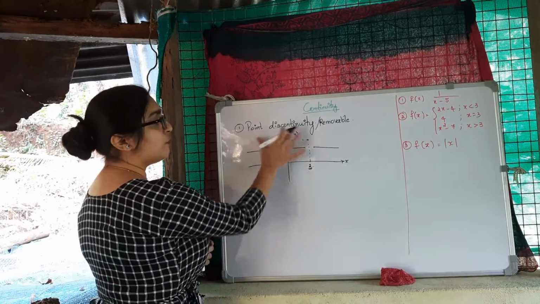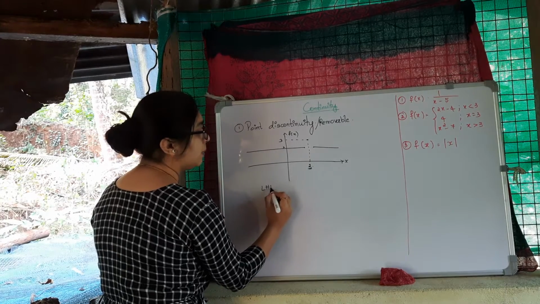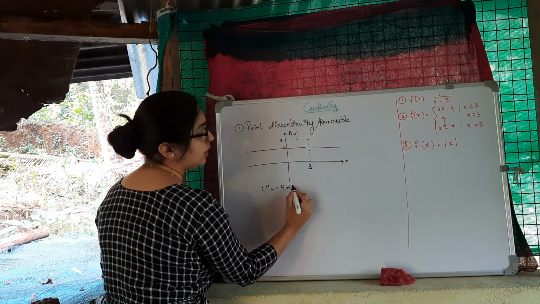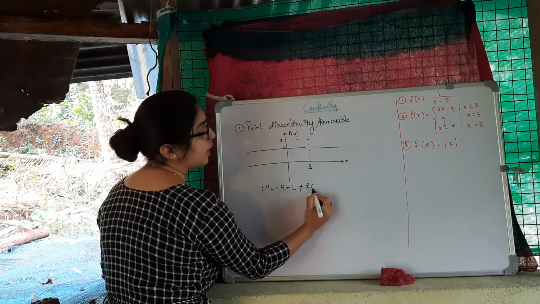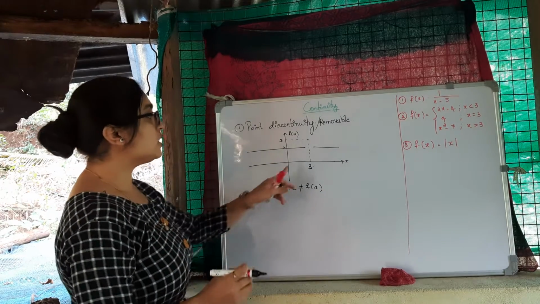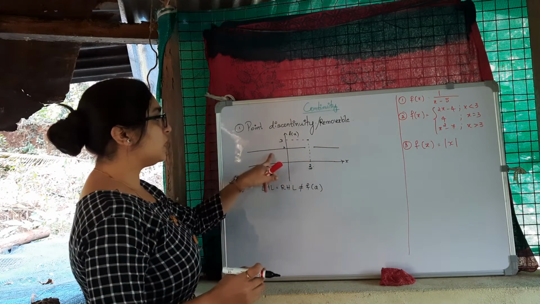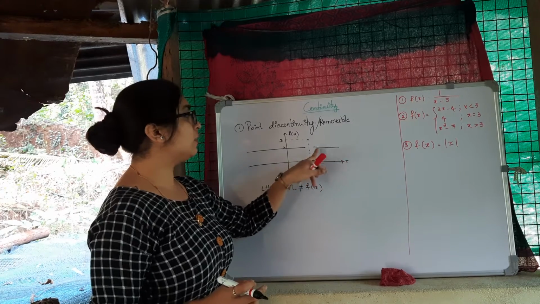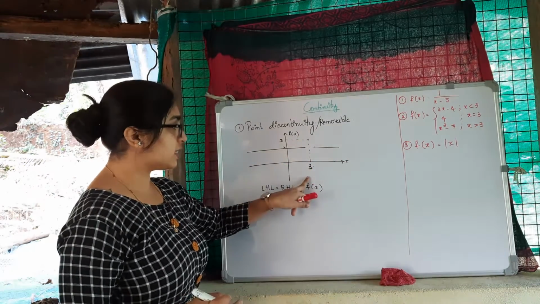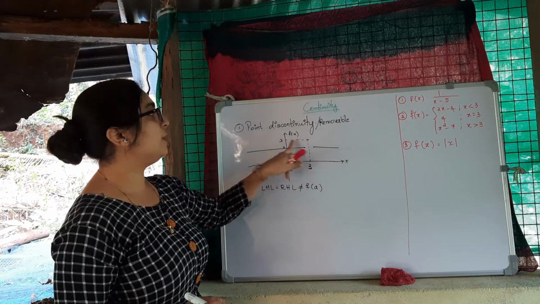You can see from this graph that the left hand limit is equal to the right hand limit, but it is not equal to f of a. Because the left hand limit value is equal to 2, the right hand limit will be equal to 2, but at x equal to 2, the value will be equal to 3.